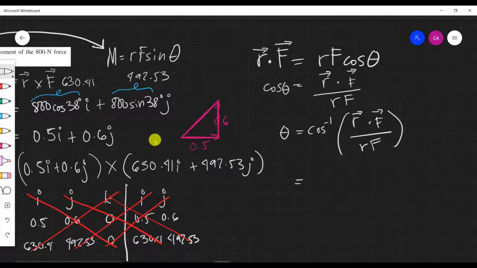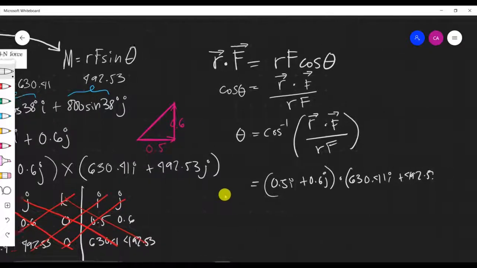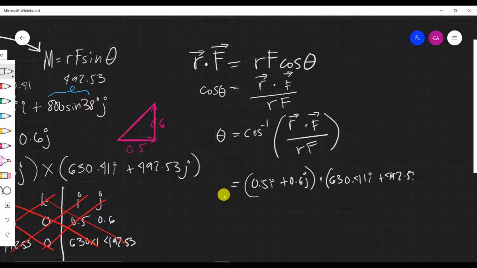So, yung vector ng R natin is 0.5i plus 0.6j. Nasa kaliwang bahagi. Then, yung ating vector ng F is 630.41i plus 492.53j. Okay?